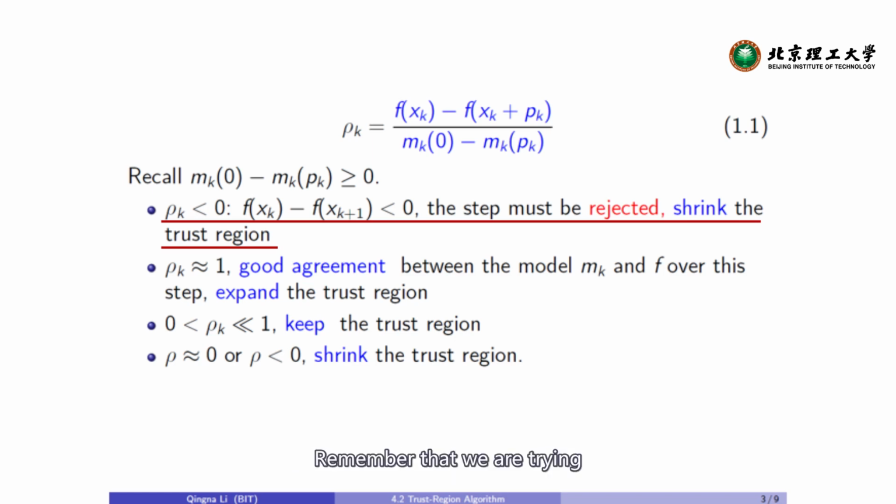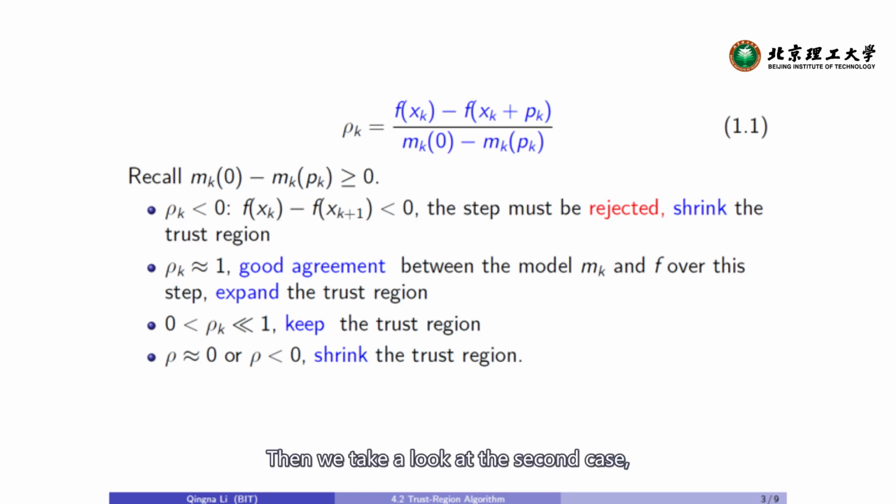Remember that we are trying to look for the minimizer of function f, so we cannot allow this function value to increase. In this case, the model function cannot provide us a reliable solution, or in other words, the step length must be shrunk. So we have to shrink the radius of the trust region and repeat the process.